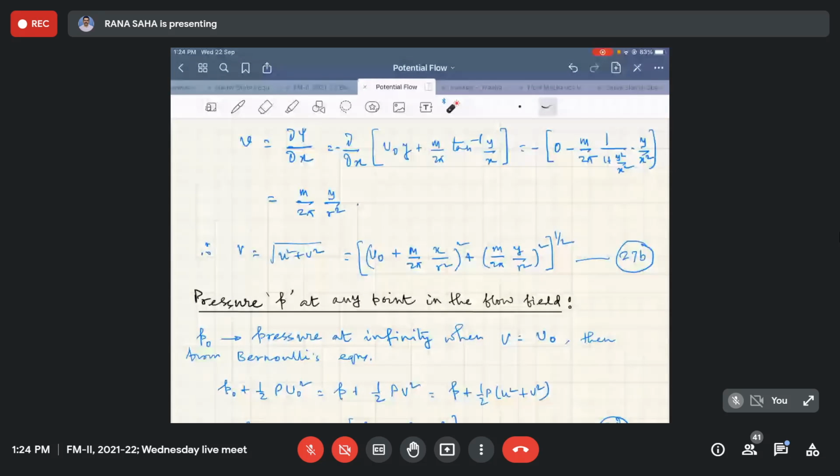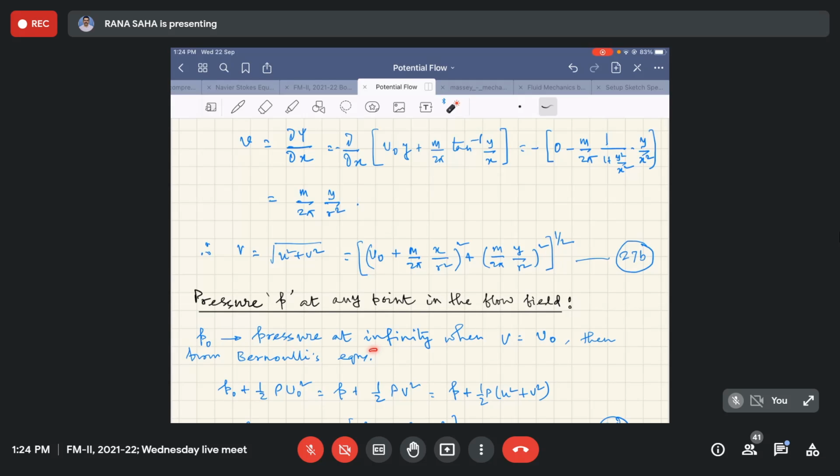Taking one point far away from the combination, where you have only the uniform flow prevalent, you have U naught as the description of the flow field, and there the pressure is the ambient pressure, denoted as P naught, the pressure at infinity when V is equal to U naught.